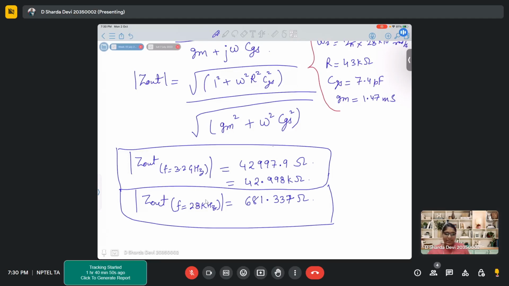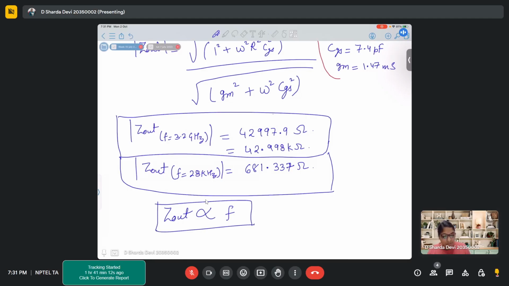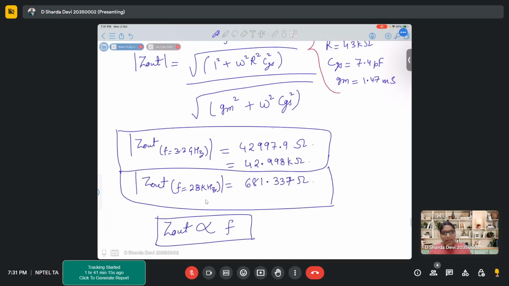If we observe very carefully how the Z out looks, Z out is directly proportional to F, right? Higher the frequency, higher the Z out. Lower the frequency, lower the Z out, correct? After solving these two problems, this is very clear. They are directly proportional to one another.